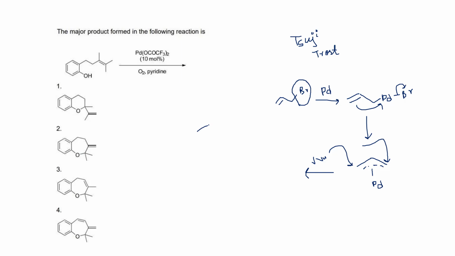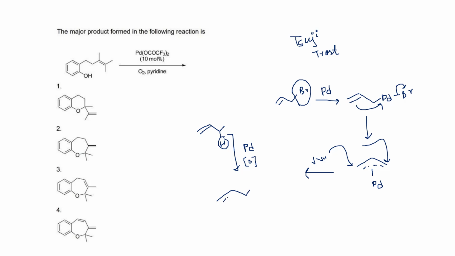If you have this type of allyl compound with the allylic H here, and you add palladium and any oxidant, in that case this H gets oxidized in the presence of this oxidant and forms a pi-allyl complex.